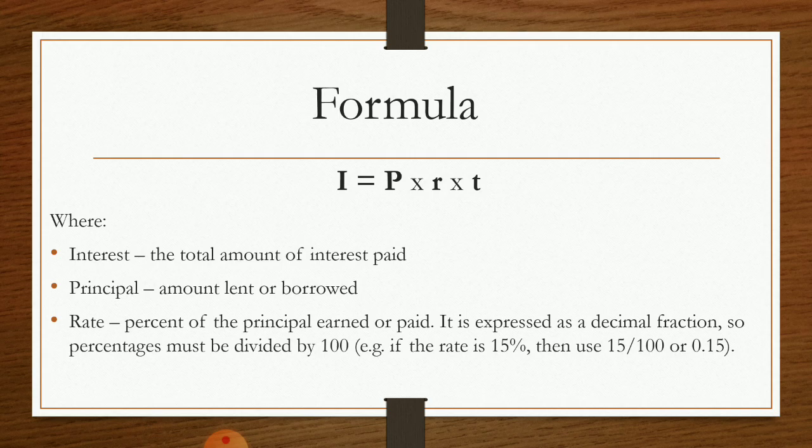It is expressed as a decimal fraction, so percentages must be divided by 100. Example, if the rate is 15%, then use 15 all over 100, or that is 0.15. And T is the time or the time in years of the loan.